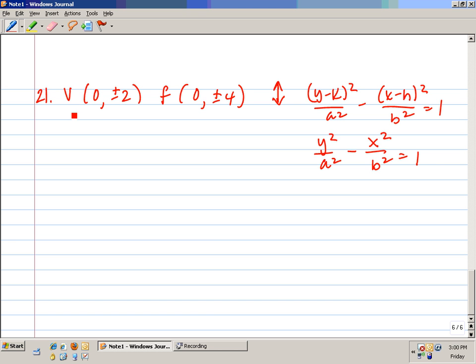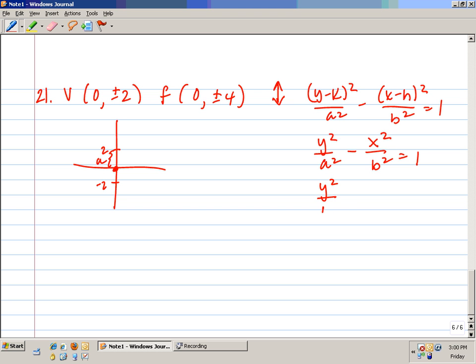From the vertex, I can find out that a is 2, because if you sketch this out, you'll see this is positive 2, negative 2 with the center. So a is obviously going to be 2.